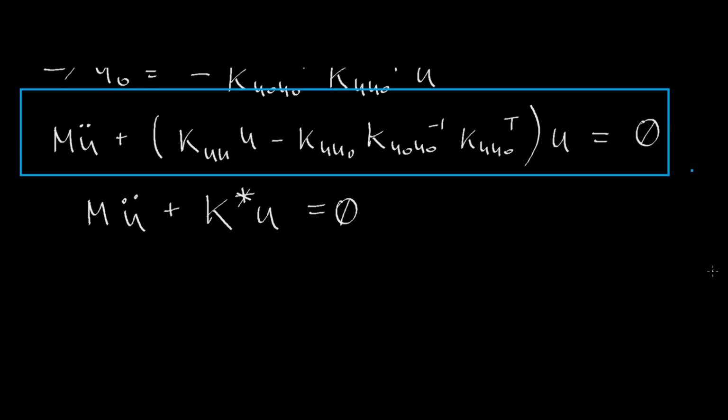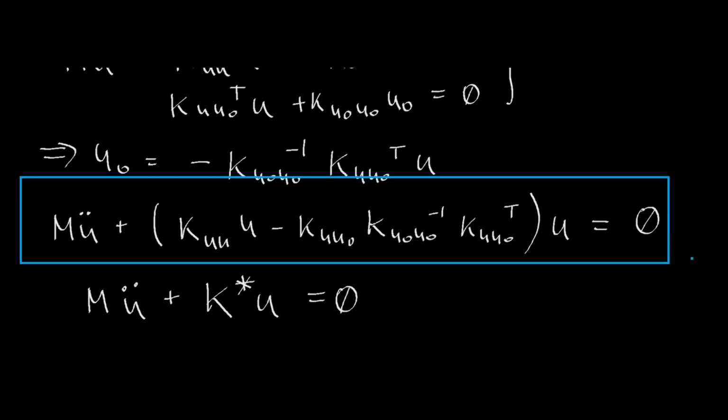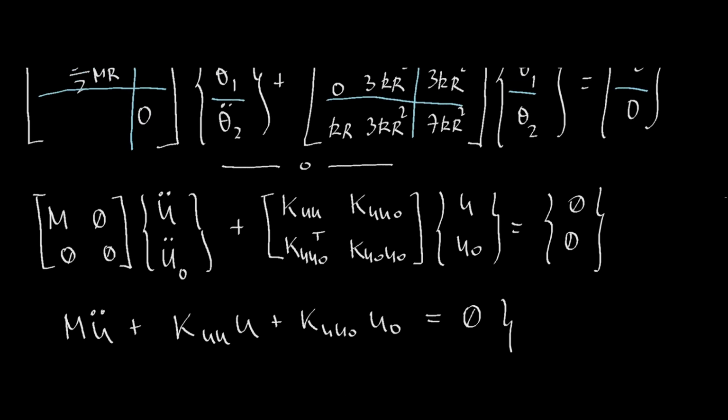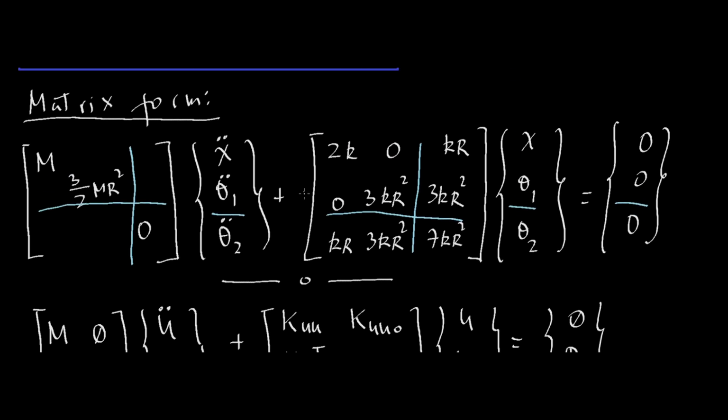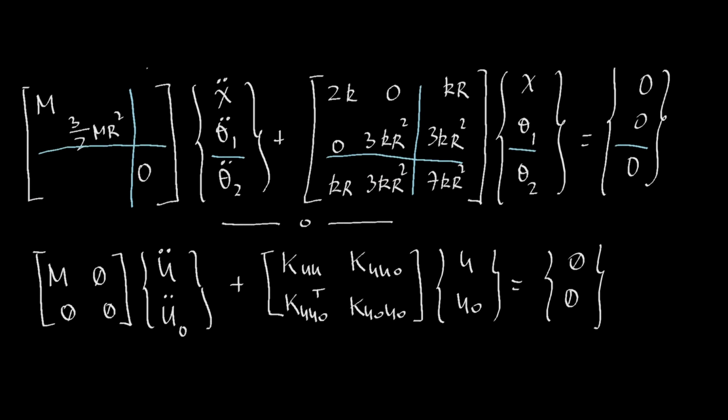Then, if we come back to our original problem, we can identify these different submatrices of the stiffness matrix. If we remember, our stiffness matrix is up here. This is our stiffness matrix. If we then identify the different terms, this, let's call it KUU, is all of this.